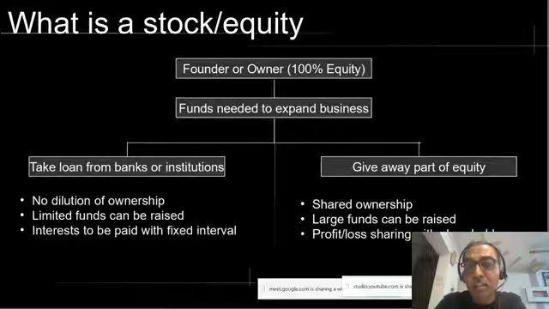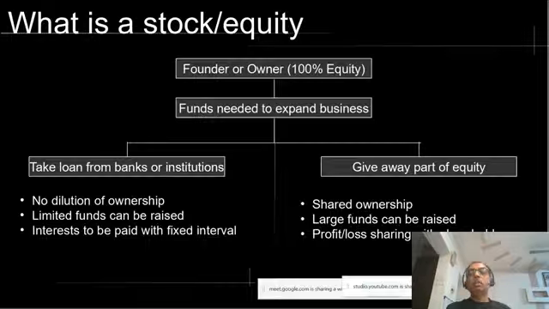There is another way to get the funding, and that is to partly give away the equity or the ownership of that business to a common man or institutions, depending on where they are raising the funding from, right? So that is a shared ownership model, and with this there is actually no limitation in terms of raising the funding, so a huge amount of funds can be raised for business expansion.